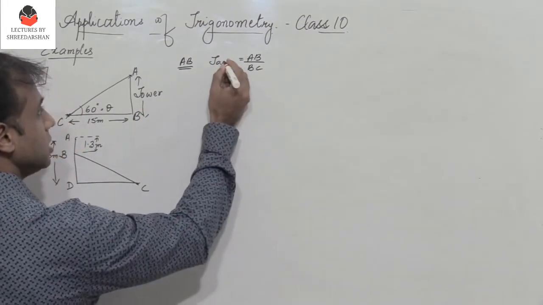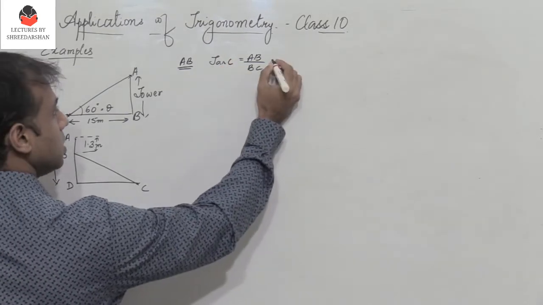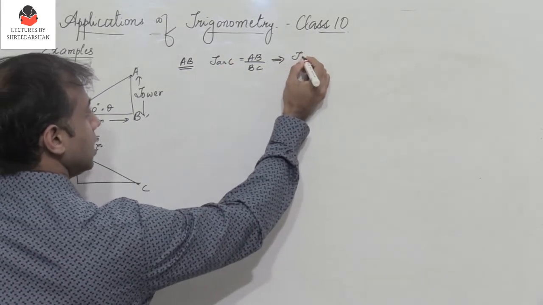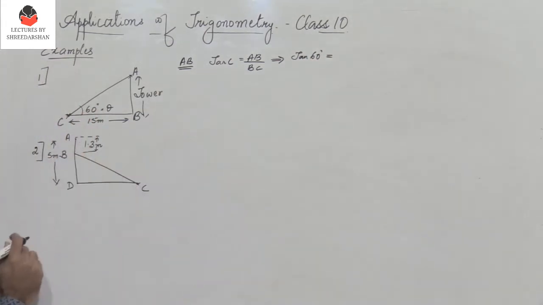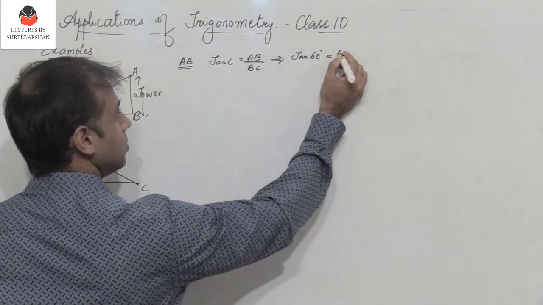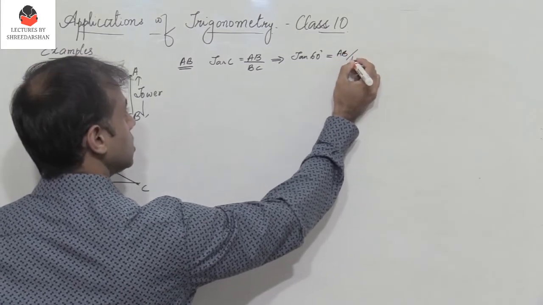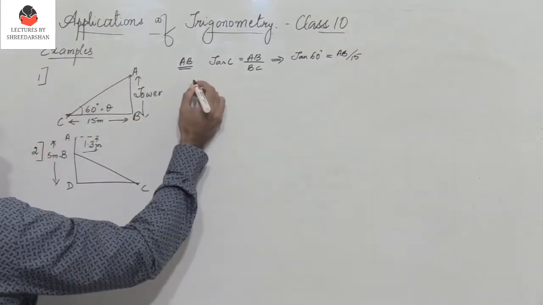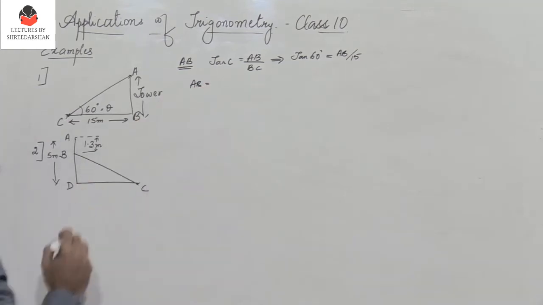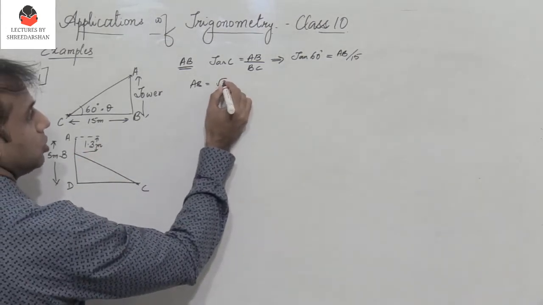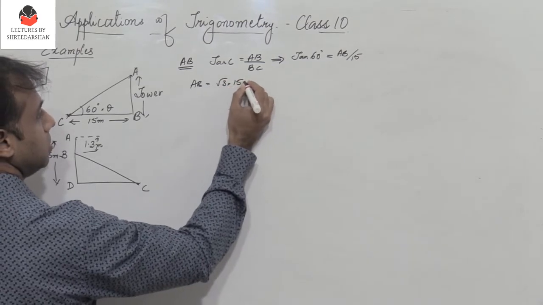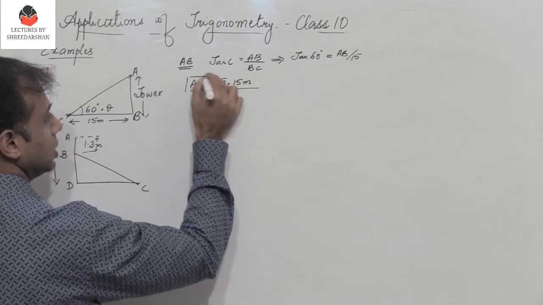So tan 60 degrees is AB, the height of the tower we need to find, divided by BC, which is 15. So what is AB? The height of the tower is 15 times tan 60 degrees. You know that tan 60 is root 3. So we have root 3 into 15 meters, and that is the height of the tower, AB.